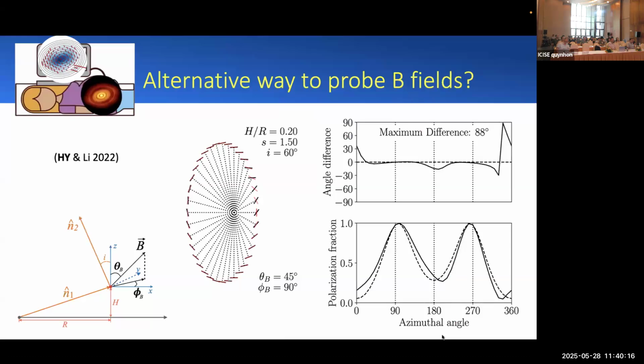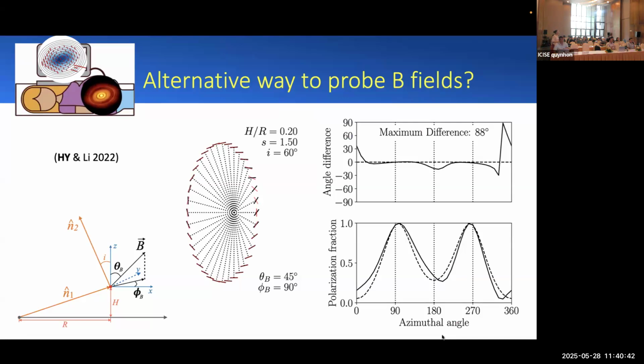Last but not least, I would like to discuss a new technique we proposed. Because in the midplane, the gas density is very, very large, and the grain size is also very large, both of them make the grain alignment inefficient in the midplane. So we think if you go slightly above the midplane to the disk atmosphere, we are talking about near infrared observations towards disks.